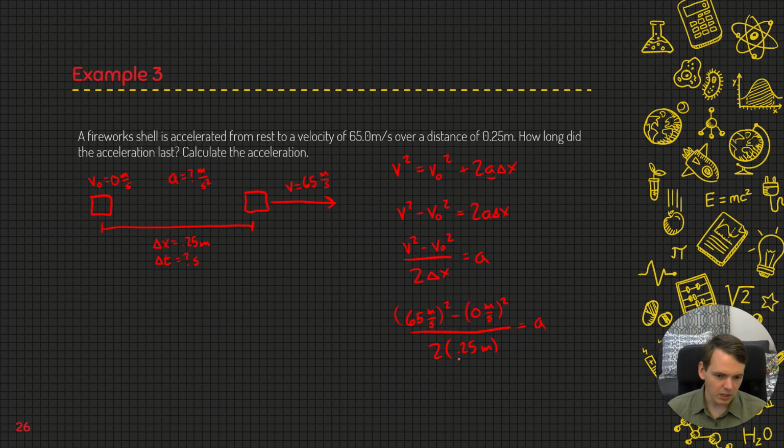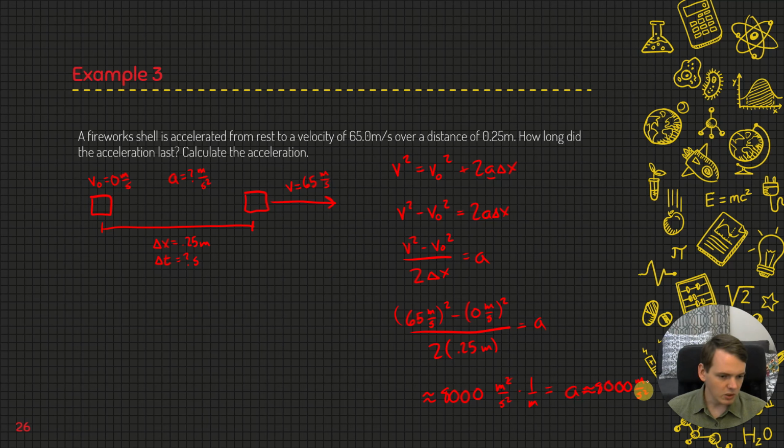So about 3,600 divided by 0.5, so double that, we're going to get something in the neighborhood of, I'm guessing, about 8,000. And now let's check our units. We have meters squared per second squared on top. And then we're dividing by one set of meters, so that cancels the meters. And so by my estimate, I'm getting an acceleration of about 8,000 meters per second squared.